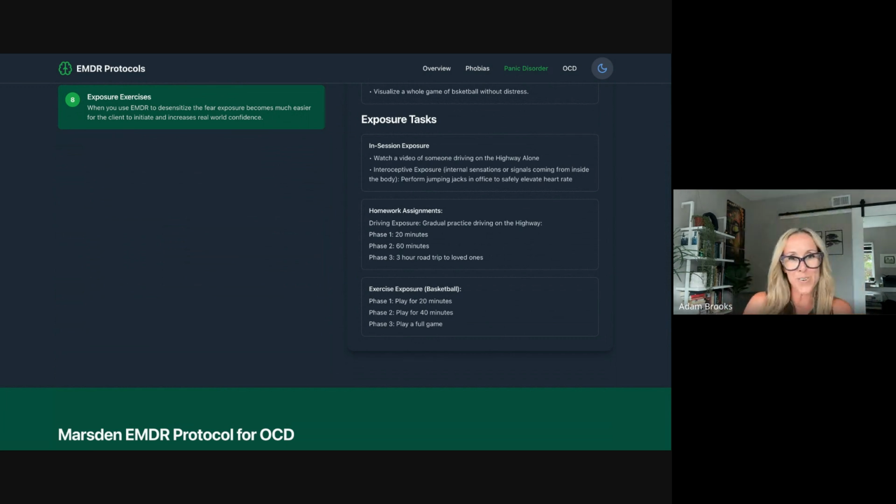Homework assignments at home. The driving exposure would be to gradually practice driving on the highway alone. Phase 1 would be 20 minutes, phase 2, 60. Phase 3 is a 3-hour road trip to loved ones. I always like a positively reinforcing event after having to do a challenge like that. So I had him drive to family members.